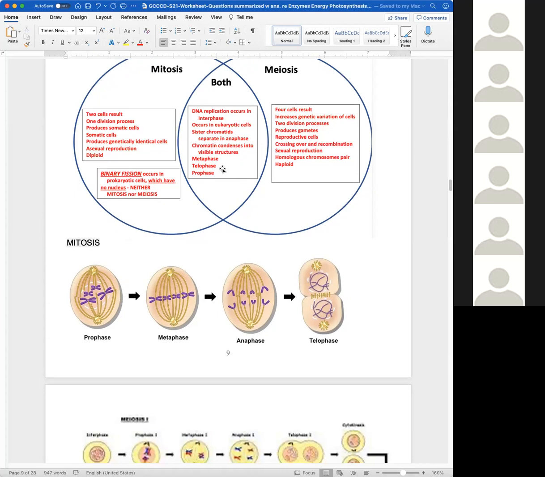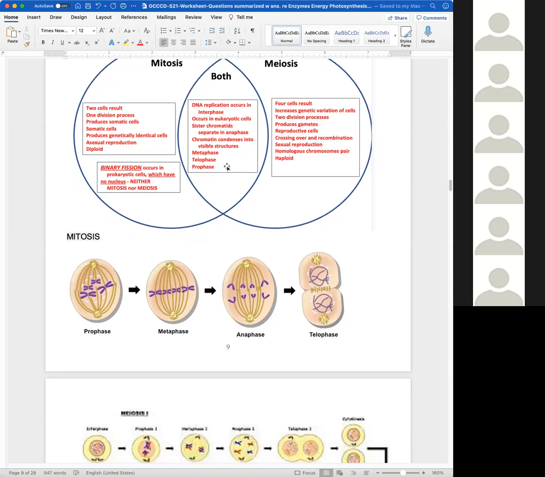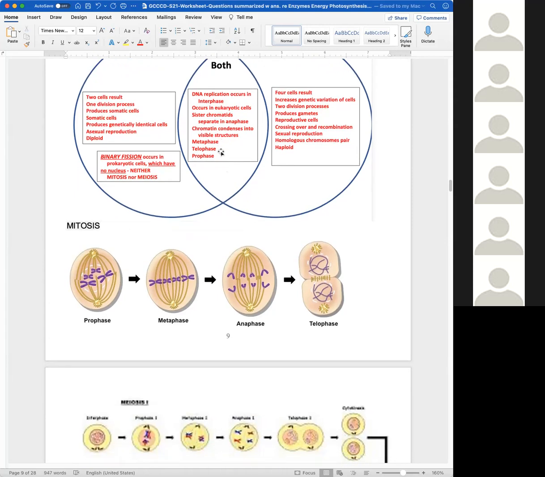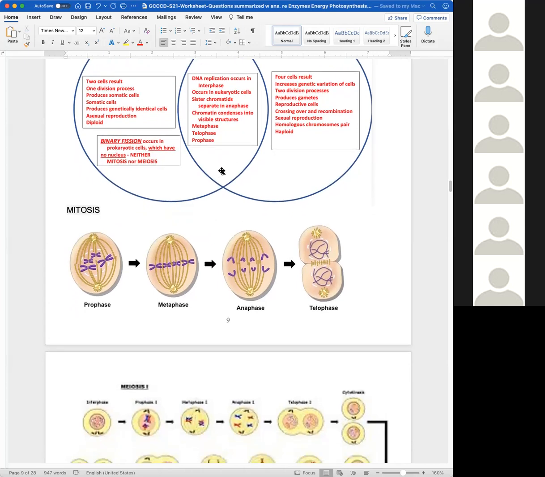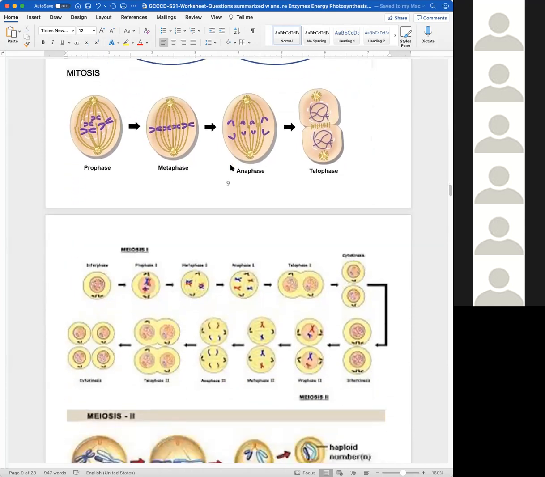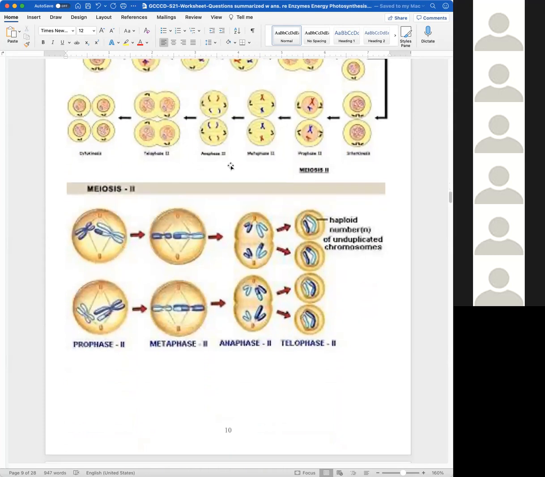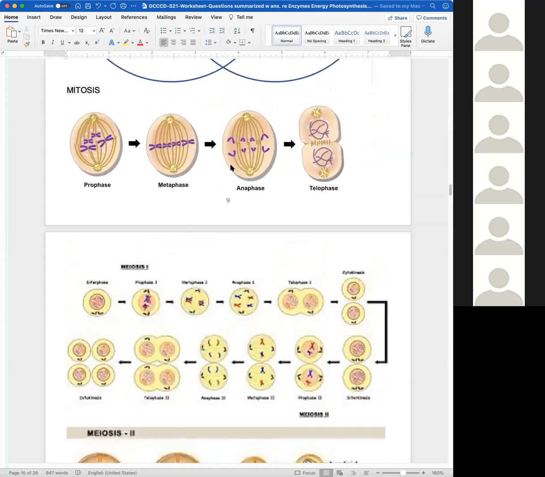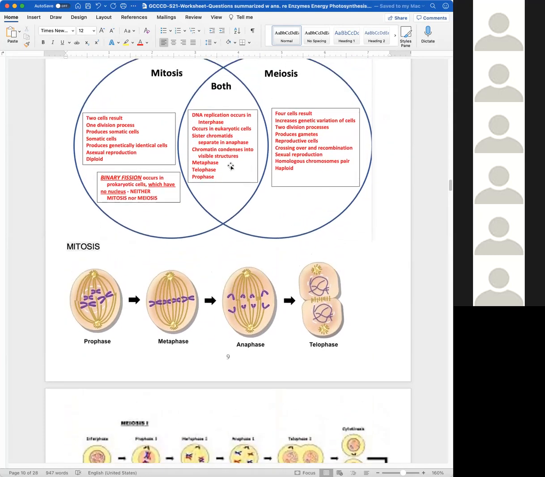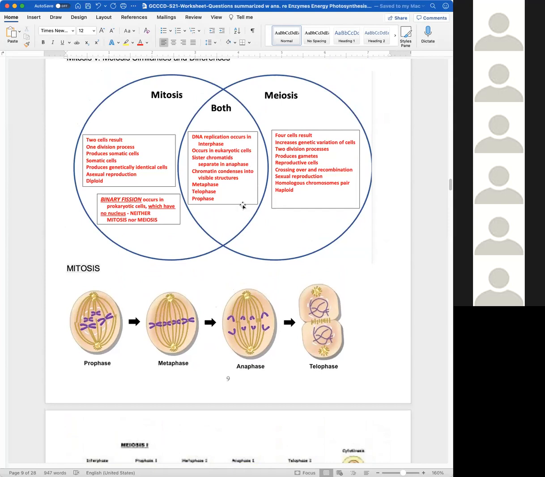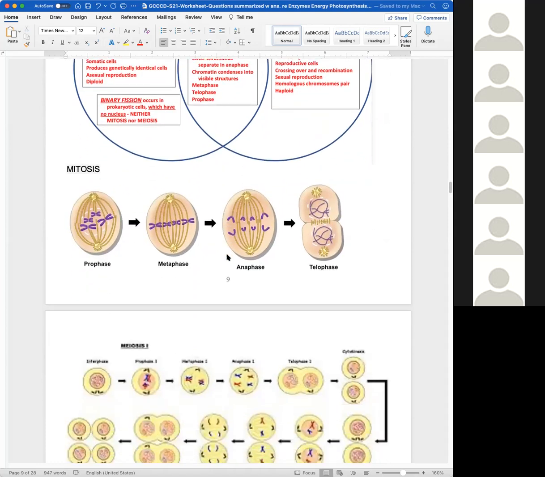And they both have the various phases of cell division: metaphase, telophase, prophase, interphase. So any question about that? If you want to think about commonalities and differences, you can go to this diagram. It's in your worksheet.